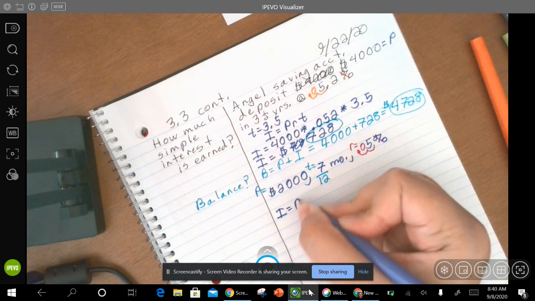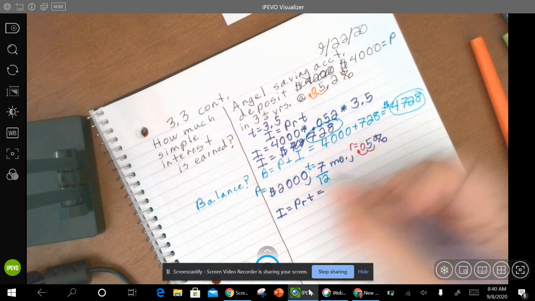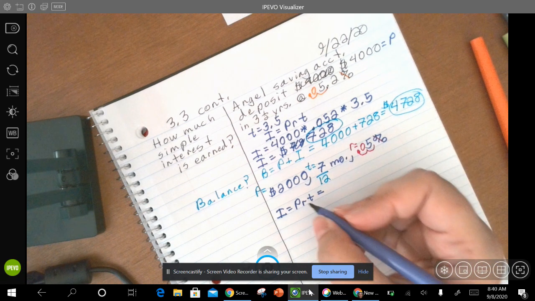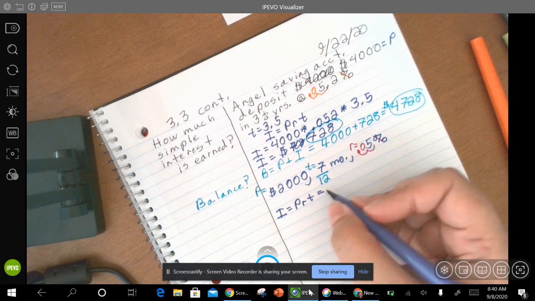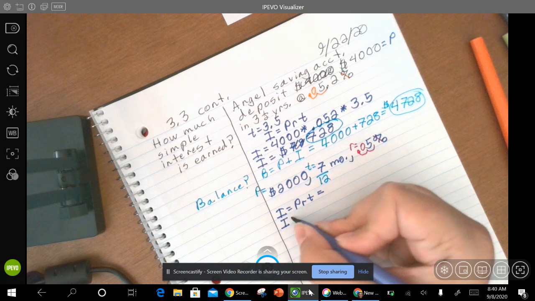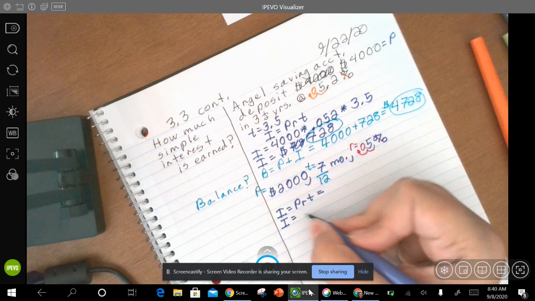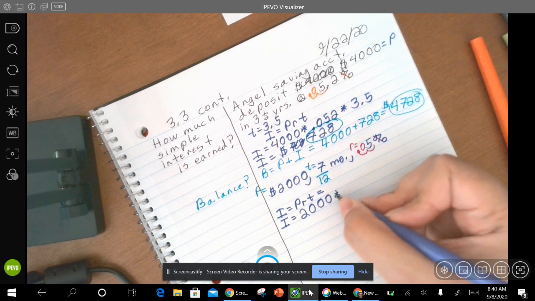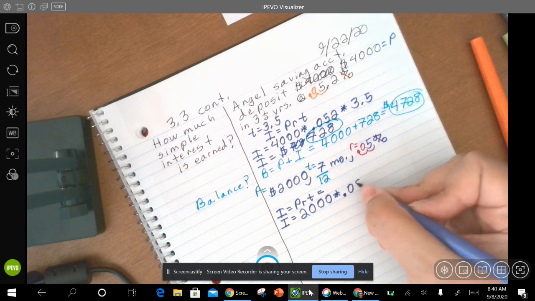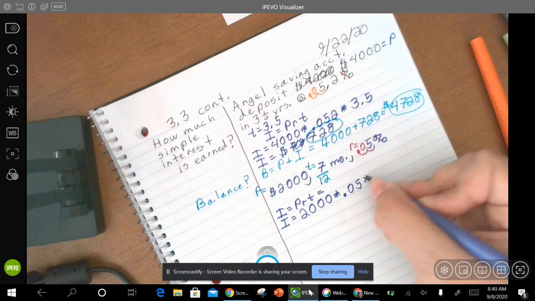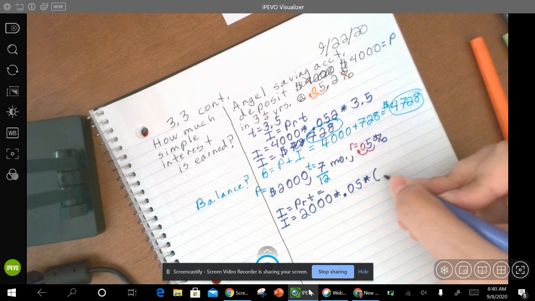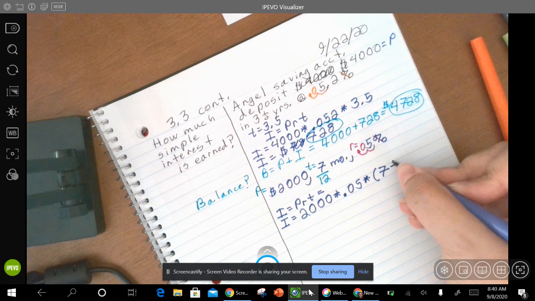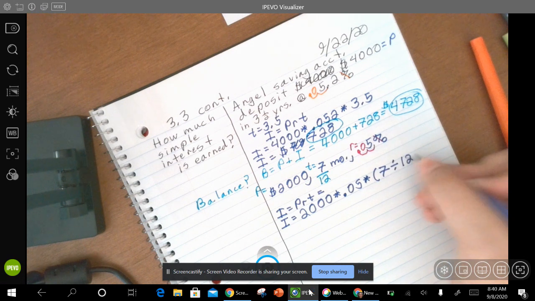So interest is going to be PRT. So it's going to be 2,000 times 0.05 times, everybody, we have to do parentheses so that it does 7 divided by 12 first.